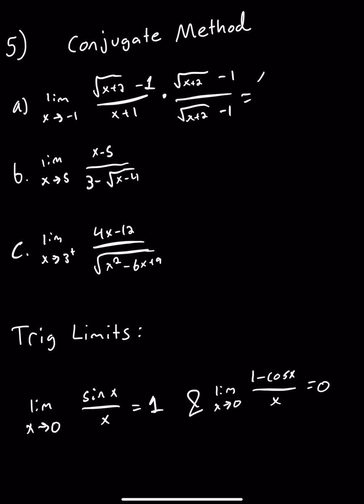And that will give us x plus 2 plus 2 root x plus 2, plus 1. And then on the bottom, we get x times root x plus 2 plus root x plus 2, minus 1.